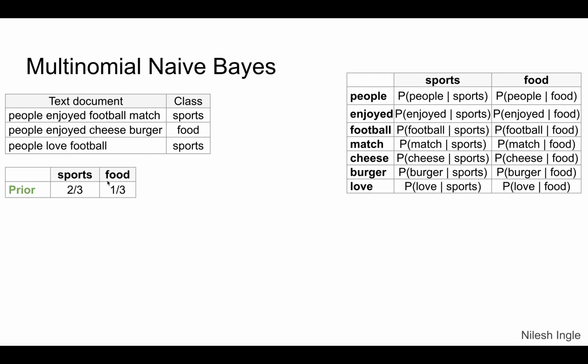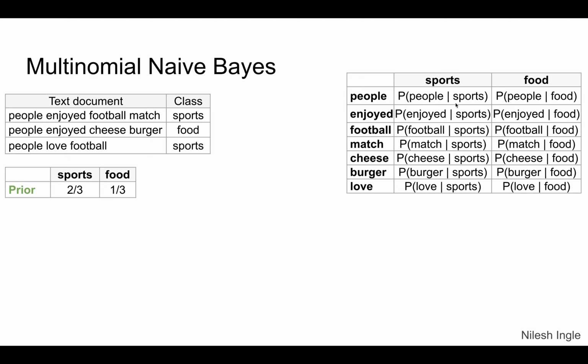In this case we have 3 documents, so the denominator is 3, and for sports we have 2 documents, so 2 by 3 would be the prior for class sports. And for food we have 1 document, so the prior for food would be 1 by 3.